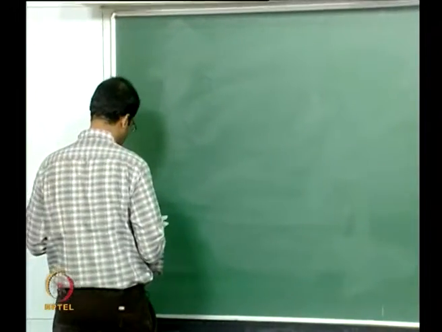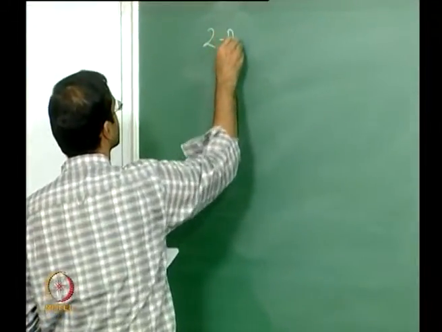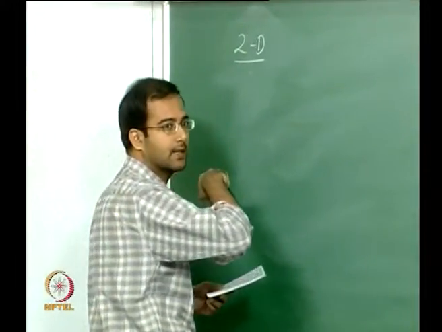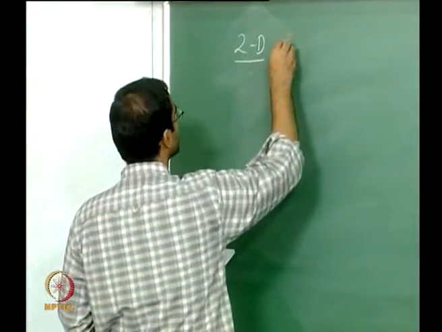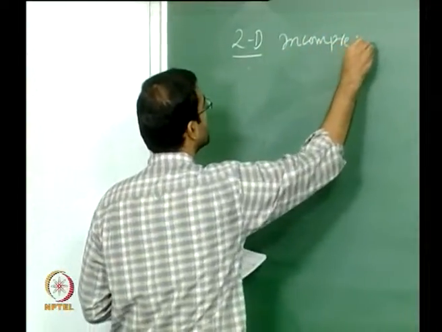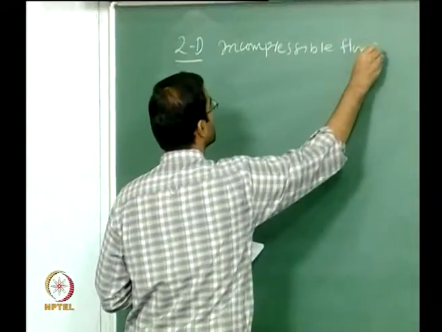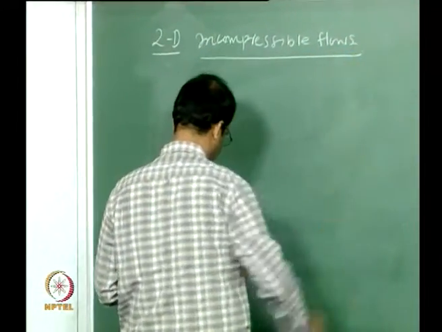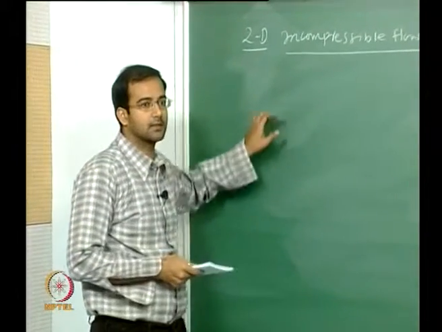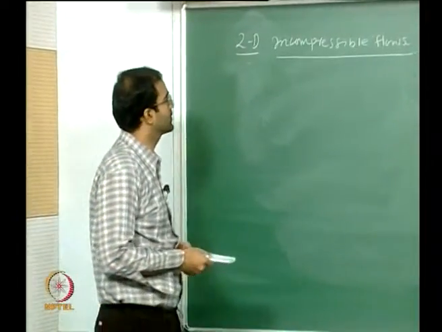So the next topic will be for 2D incompressible flows. This 2D is the approximation that is required; we cannot write this in 3D again. Okay, so let us write down the Navier-Stokes equations first, and from there we will try to derive the stream function vorticity equations.